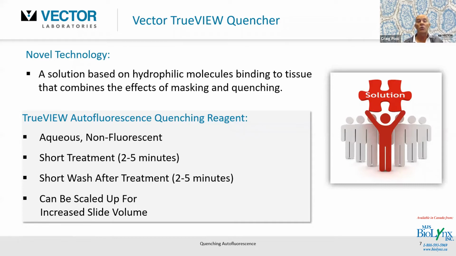But nonetheless, the TrueView itself is an aqueous-based, non-fluorescent solution. Very short treatment of about 2 to 5 minutes. You give a quick PBS wash afterwards, and then you can cover slip with the anti-fade mounting media. And it's very easy to scale up for a multiple number of slides. You can put it in a Coplin jar or a staining rack, something like that, and move the slides in and out quite easily.